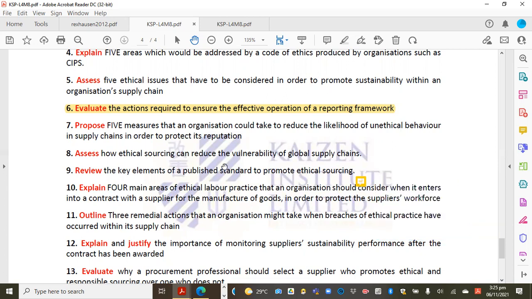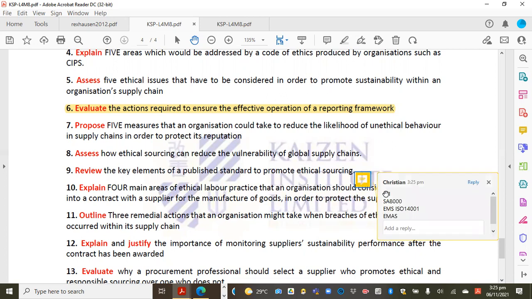Okay, so when we talk about standards for promoting ethical sourcing, we are looking at ETI, we are looking at ILO standards. These are core principles of ILO.